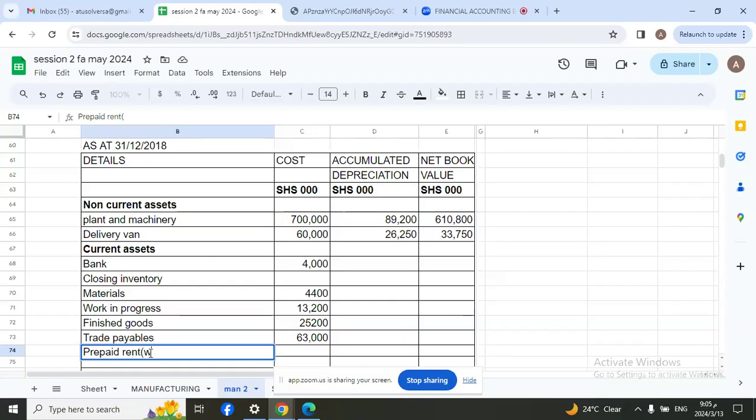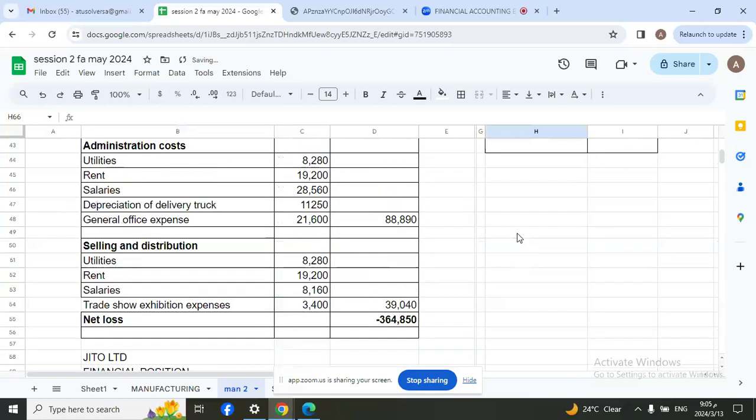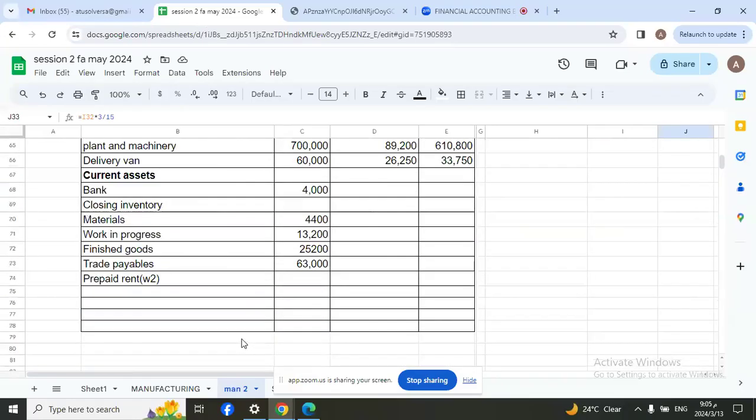In bracket, working 2. Prepaid rent is how much? 24,000. Have you seen that? Yes, it's 24,000. So we put our 24,000. What else do we have?